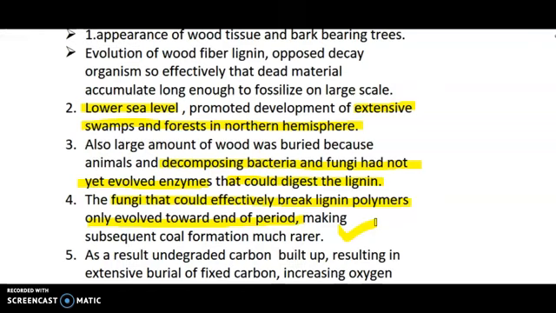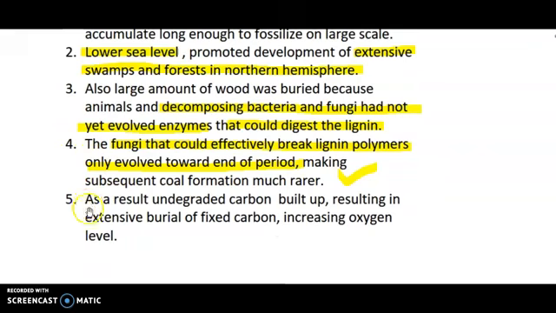If we talk about today, if a forest or a plant collapses, it has a very low chance of forming into a coal deposit. So briefly you can say, as a result, undegraded carbon built up.